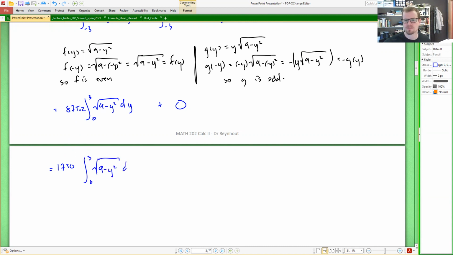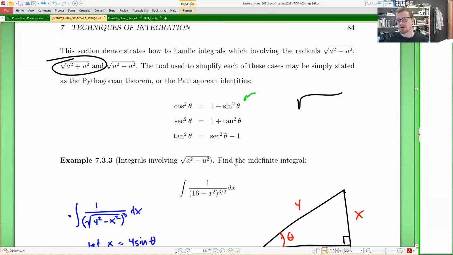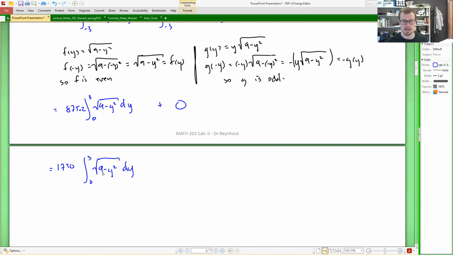And I say to myself, how do I integrate this? Well, this should look pretty familiar. We have an example in our notes where we talk about what to do when we have an integral involving a radical of a constant squared minus some function squared. And yes, constant squared, 3 squared, minus a variable function squared. So this is exactly what we have.